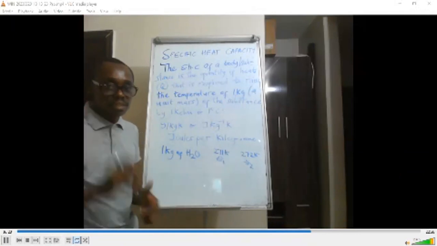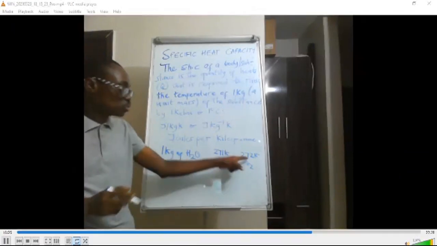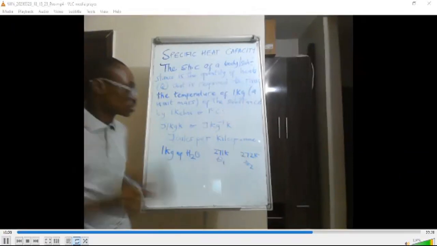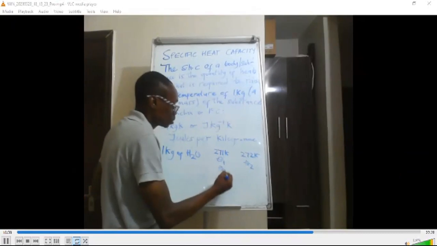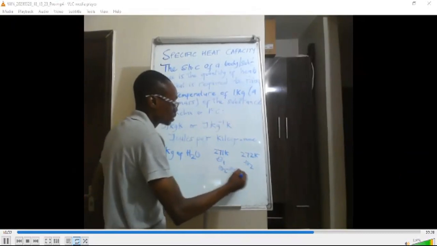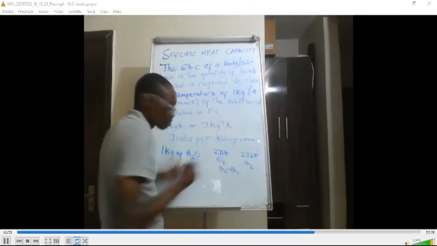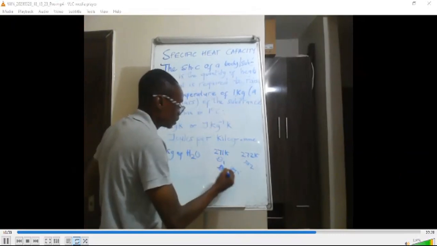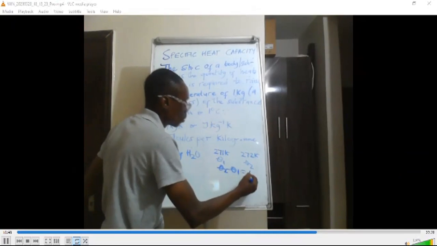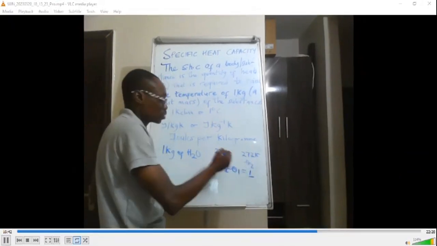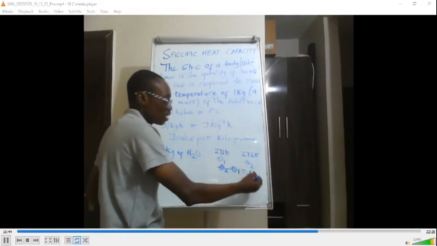That is a temperature difference of 1. 272 minus 271, theta 2 minus theta 1, is 1 Kelvin.